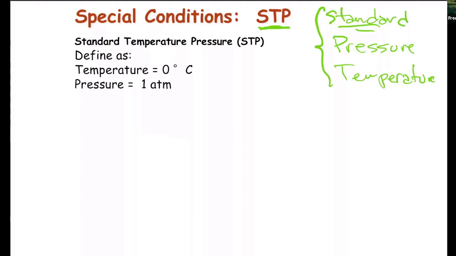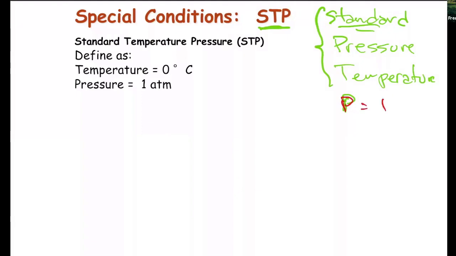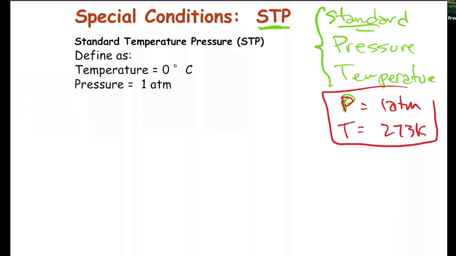The standard pressure and temperature: you want to set the pressure at 1 atmosphere, and you want to set the temperature at 273 Kelvin. That is standard pressure temperature, STP. Now, we can disguise this and say, okay, let's do the pressure at 760 torr and 0 degrees Celsius. You have to recognize that 760 torr is 1 atmosphere, and 0 degrees Celsius is 273 Kelvin.